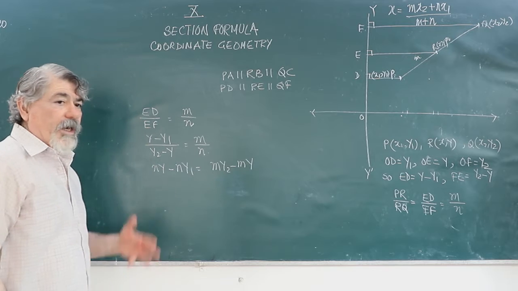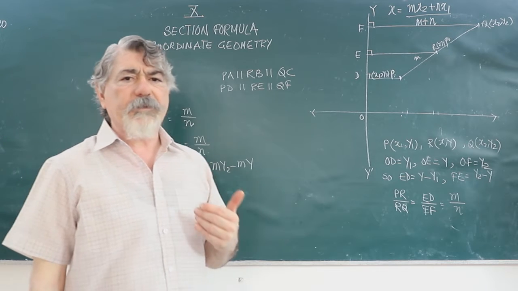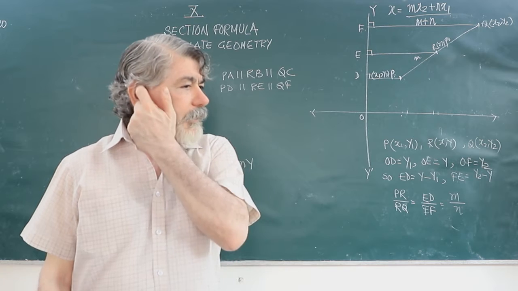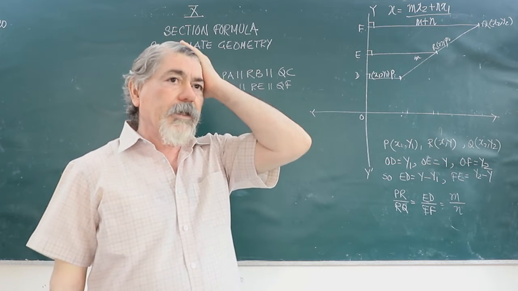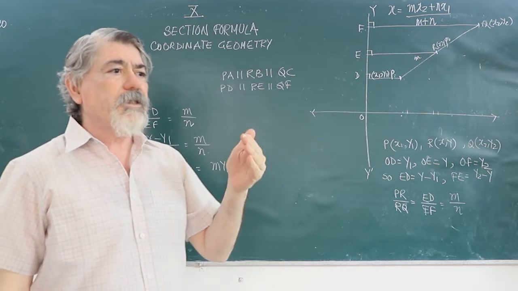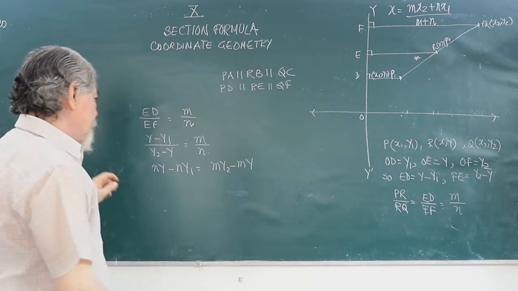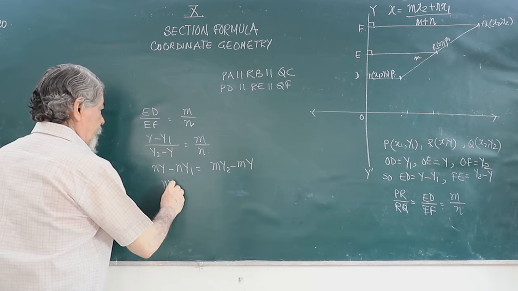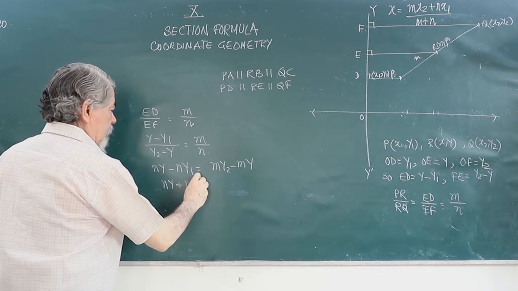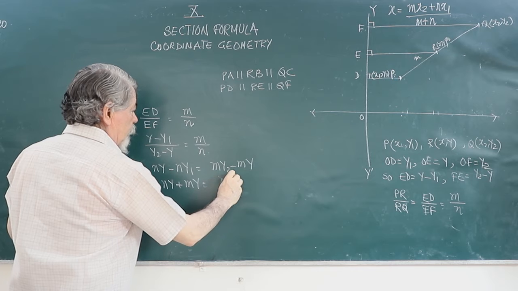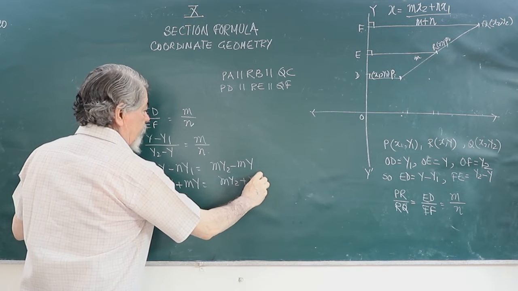I'll bring the terms containing y, similar terms, on one side and transfer the other terms to the right hand side, because I have to find y. It will be ny plus my is equal to my2 plus ny1.